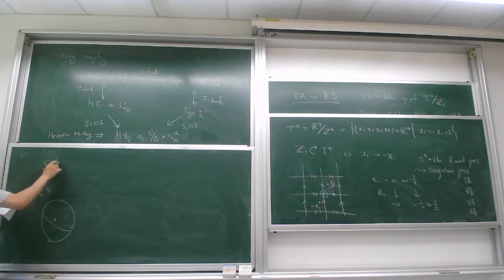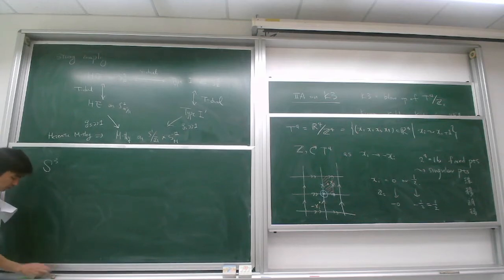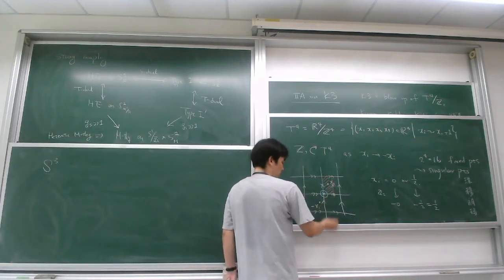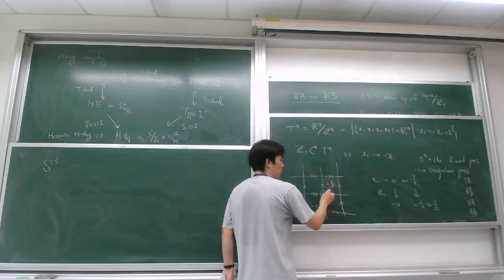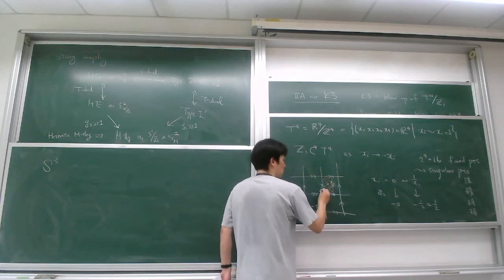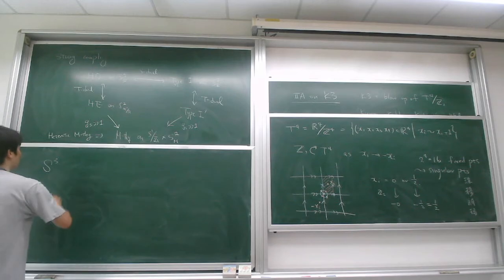S3. So this blue circle is indeed S3, and then for the detailed action, you just identify the opposite antipodal points. This point is identified with this point, and this point with this point. Okay. So the neighborhood looks like S3 mod Z2.